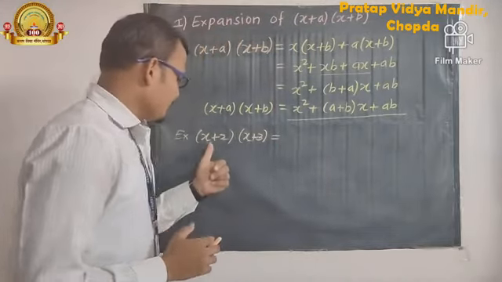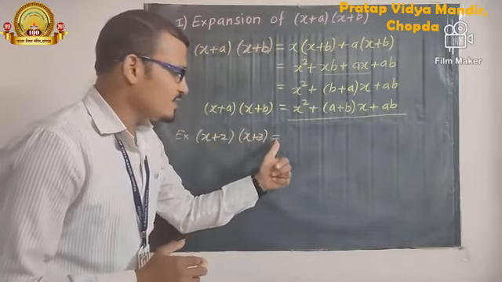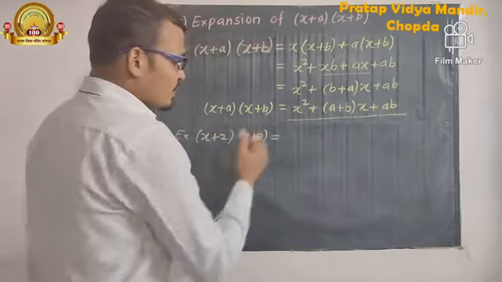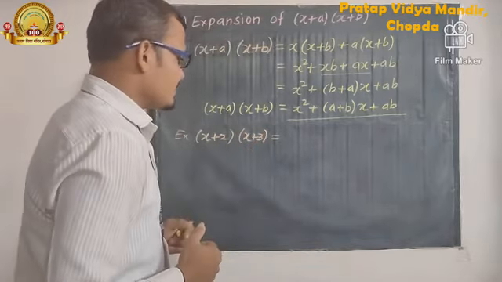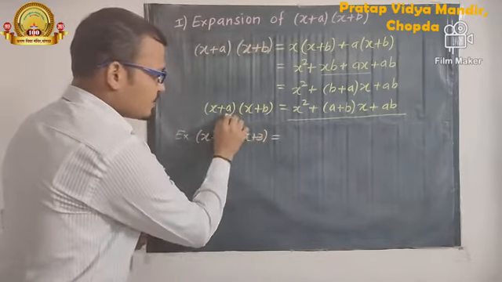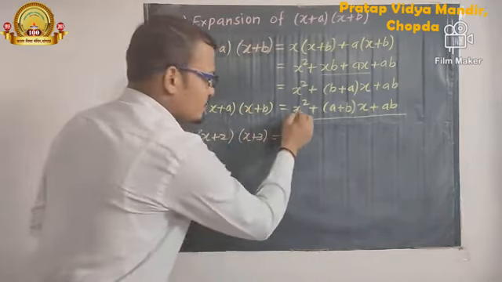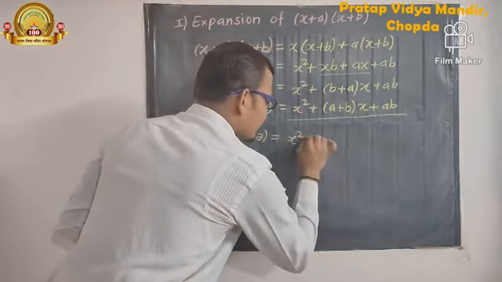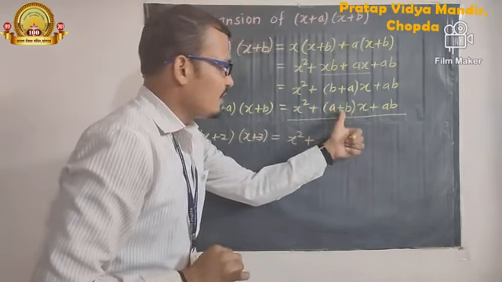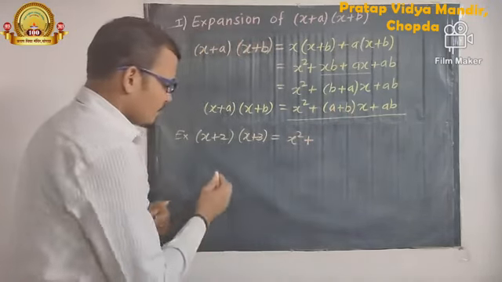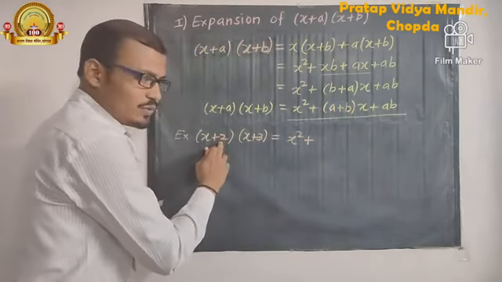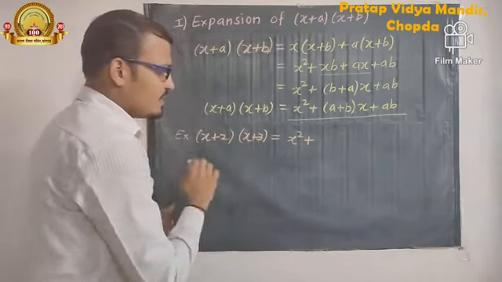For example, (x plus 2) into (x plus 3) is equal to, use this formula to solve this example. Here x is common, so we take x square plus (a plus b). What is the value of a here? 2, and the value of b is 3.